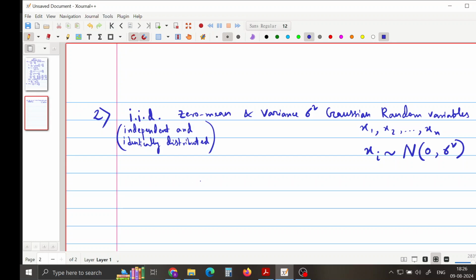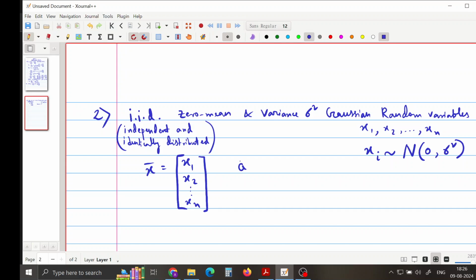And your Gaussian random vector is this vector. So we have to find the variance of A transpose X. But before that, let me define what is given.